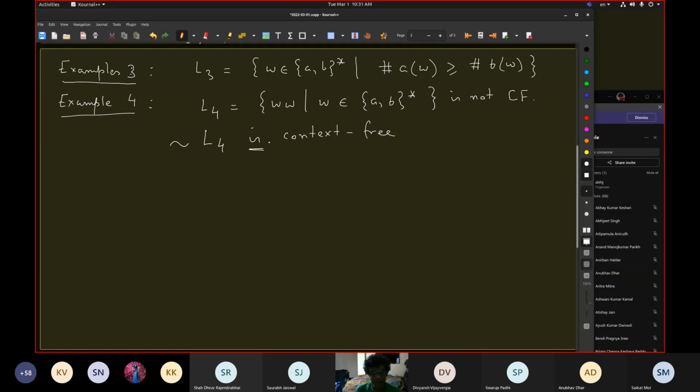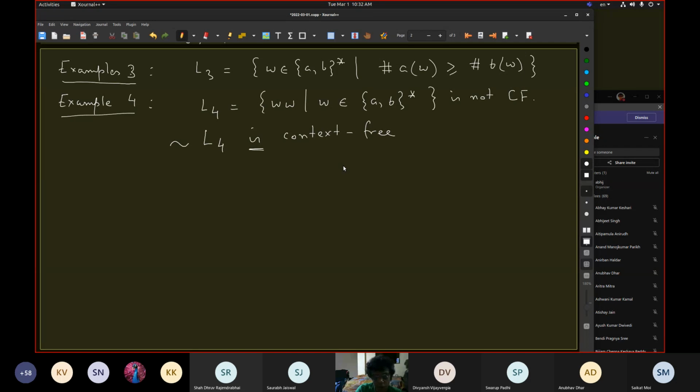Okay. So have you seen the proof for this? Why is the complement of L4 context-free? Yes or no? Perhaps no. Okay. Anyway.